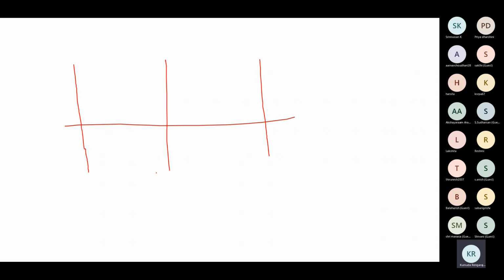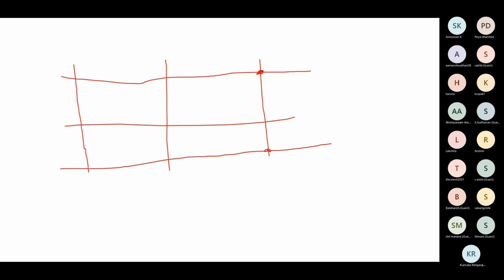And y is equal to b will be parallel to the x-axis. It can be here, or here. So you can see in any case they'll be intersecting lines. In fact, these intersecting lines will be perpendicular to each other.